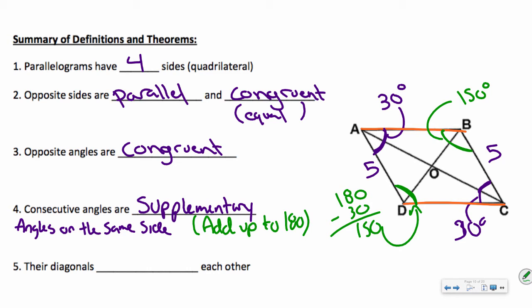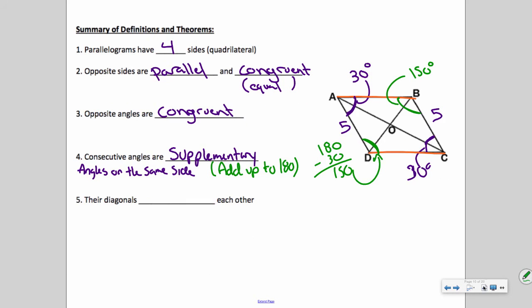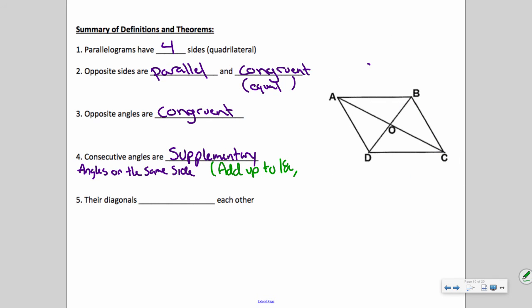Okay. Now, the next thing we will go into further when we discuss more of the coordinate graphing, but the diagonals being the lines that connect B to D and A to C, they bisect each other.